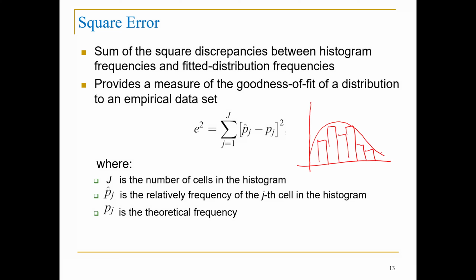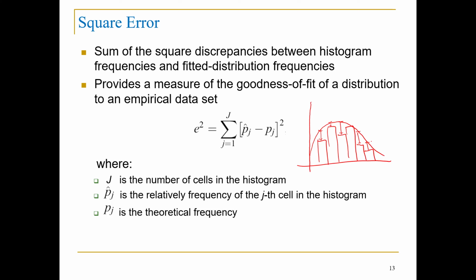So what the square error is looking at is how different, in terms of distances, those fits are. It's going to look at the distances between those histogram bars and the curve, and make an estimation of the goodness of fit of a distribution to an empirical data set.